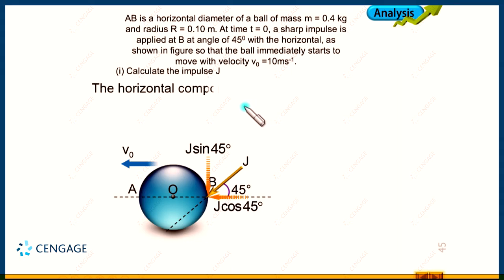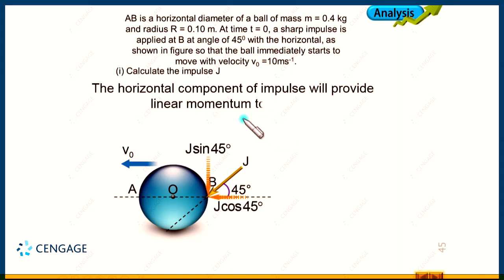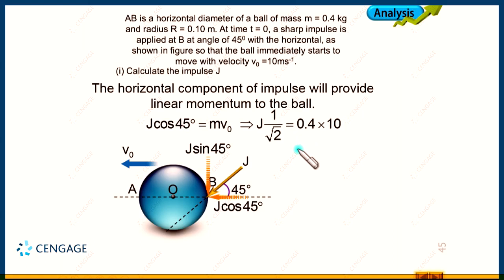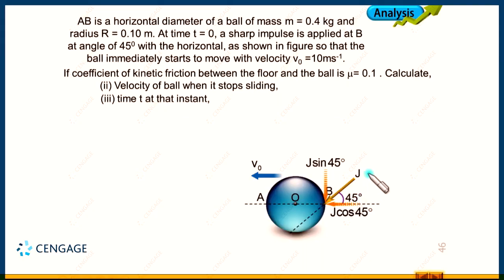So this is the horizontal impulse, J cos 45 equal to mv naught. From this we can find the value of J, and after calculation J equal to 4 root 2 kg meter per second. This is the impulse acting on the ball, right. So let us write this impulse value on the next page.